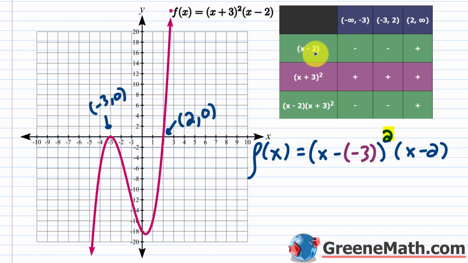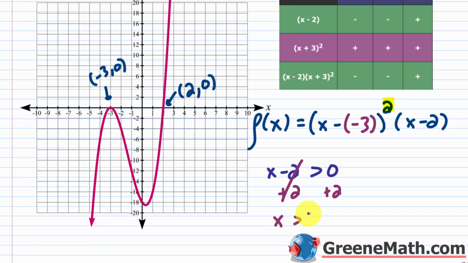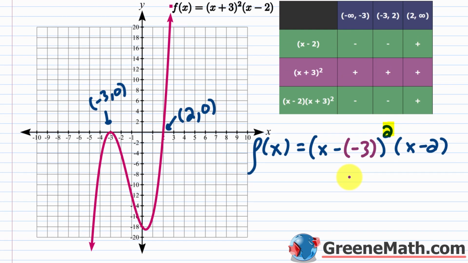Well, if you think about this factor x minus 2, this is going to be negative in this interval here and also this interval here. Because something like x minus 2, actually we can just say, where is that greater than 0? That's very simple to solve. You add 2 to both sides of the inequality, this cancels, and you get x is greater than 2. So it's only going to be positive for x values that are greater than 2.